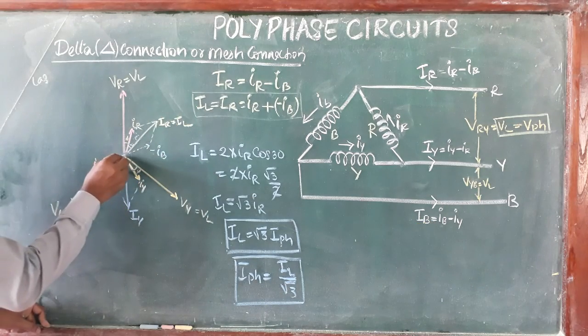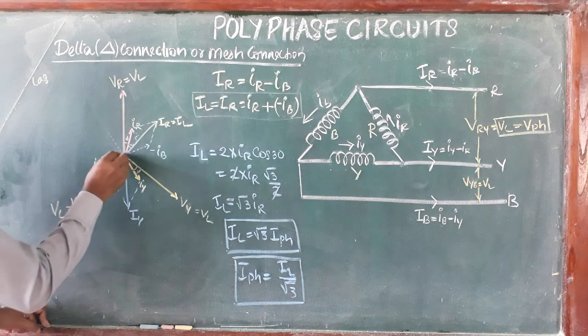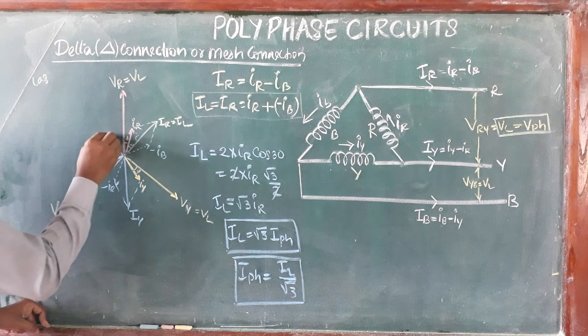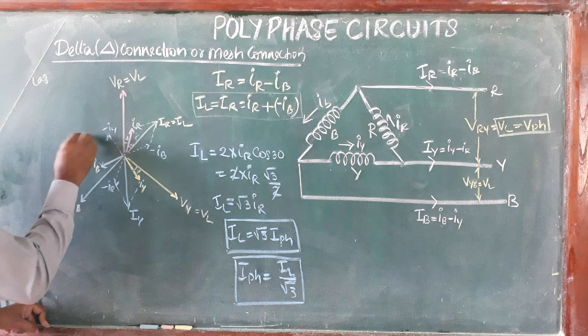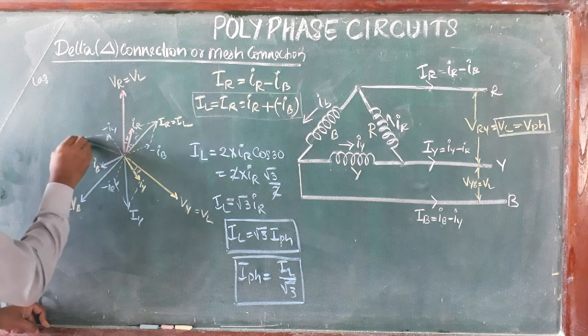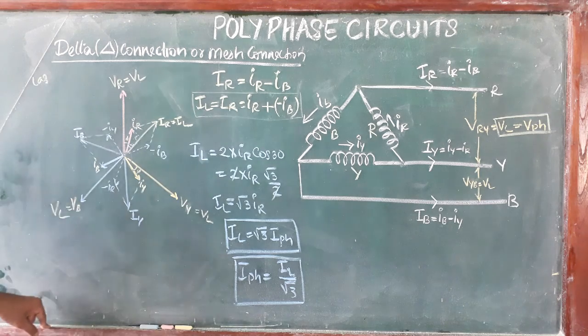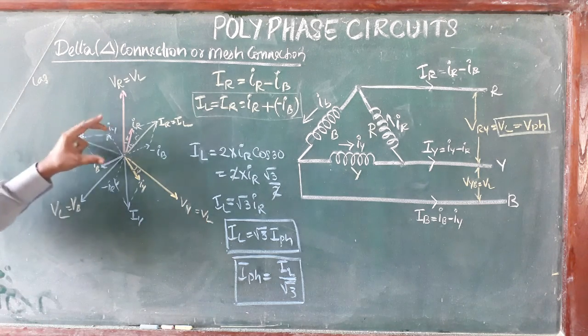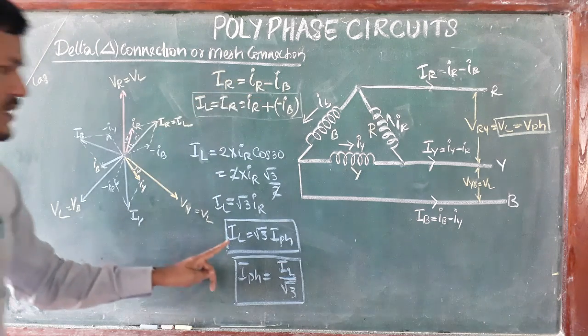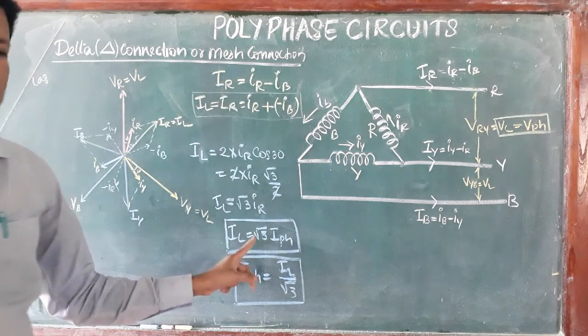So extend IY here. This is minus IY. So again this is a vector sum. So this should be IB. So using the vector diagram we can find the line currents based on the phase current. So the relation is IL equal to root 3 times I phase.